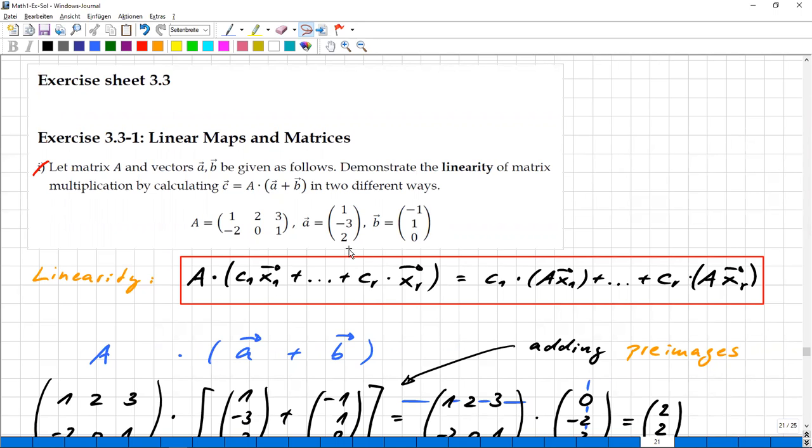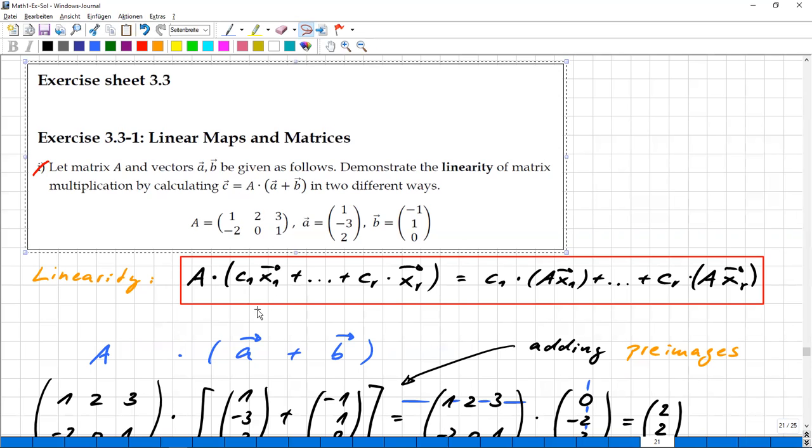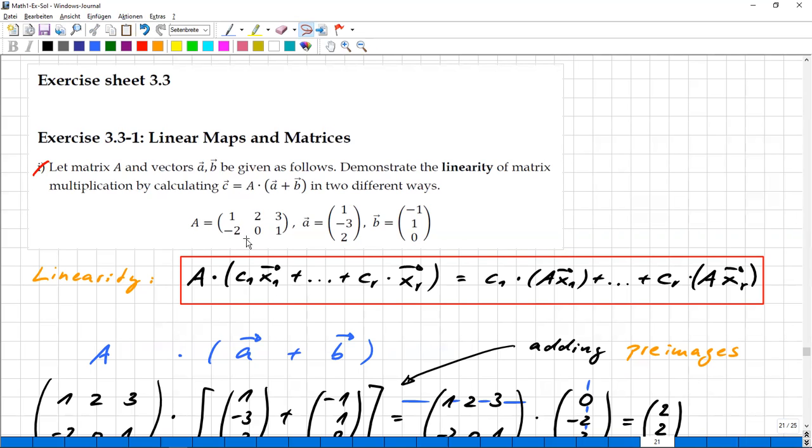So that's what makes them special. But they are matrices much the same way as, for example, this matrix A with 2 rows and 3 columns is, as we say, a 2 times 3 matrix. So this is a 3 times 1 matrix.